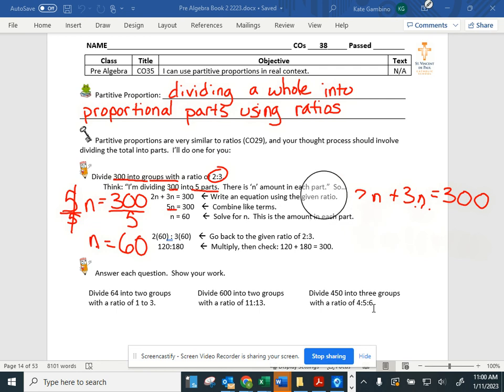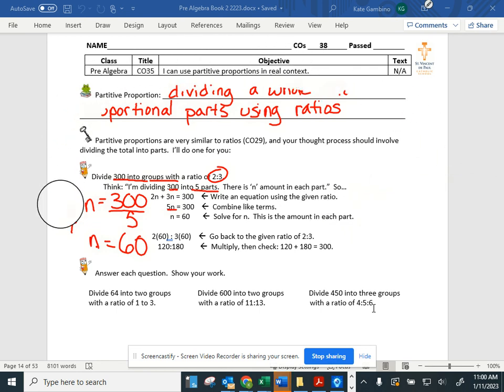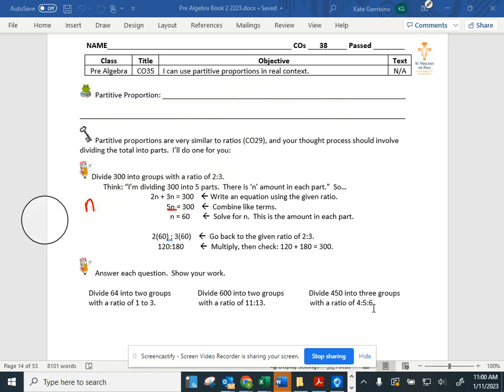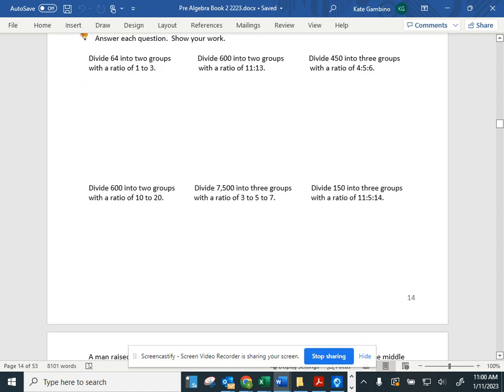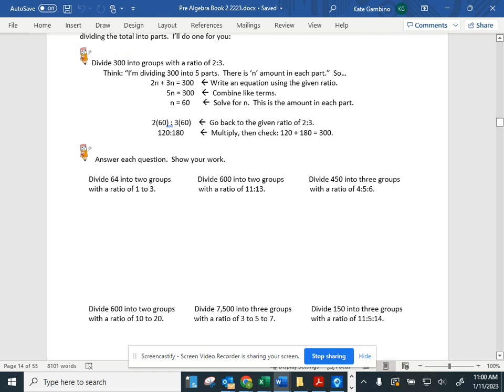So let's do a little bit together to make sure we understand the steps that we're doing. So our first one says divide 64 into 2 groups with a ratio of 1 to 3. What is that going to look like? So think about what we did up here.